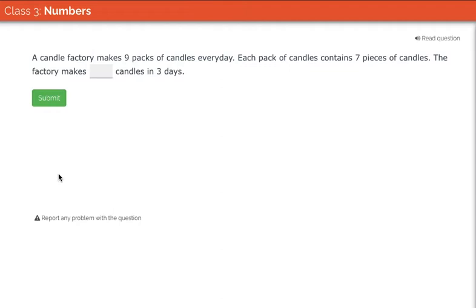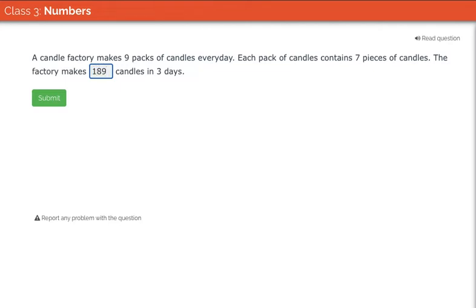Then we can multiply it by 3. The candies they make in one day is 9 times 7, which is 63, times 3. So let's do it. 189.